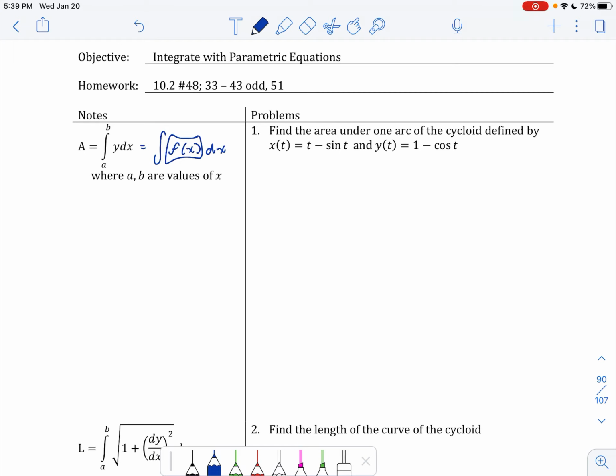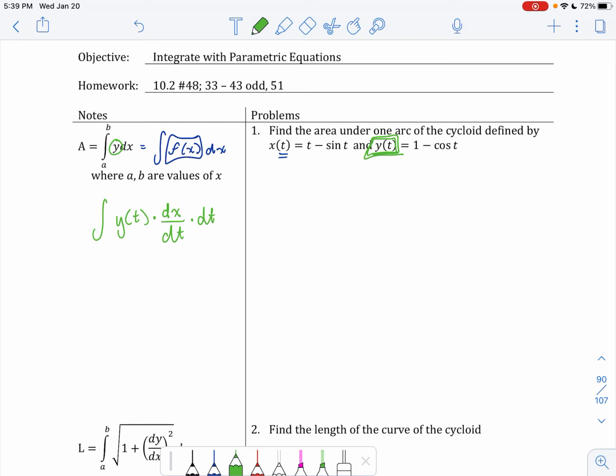So what this means is that the formula follows pretty naturally from that, except we are dealing in terms of t. And so the y there becomes y of t. We're going to use that function here, the y of t. And then dx, well, that's dx/dt.